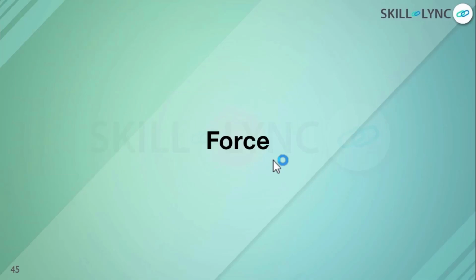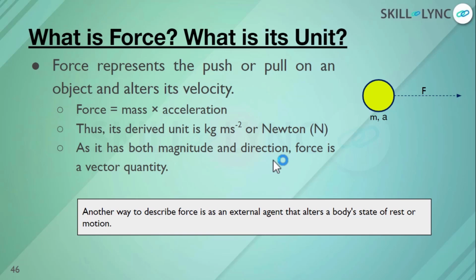The next thing we are going to study is force. What is force? What are its units? Force represents the push or pull on an object and alters its velocity. This can also be written as force is equal to mass into acceleration.